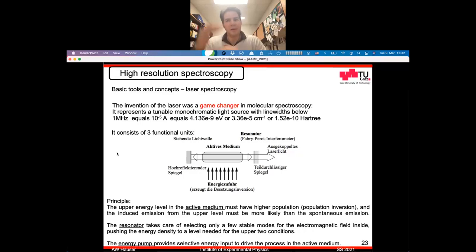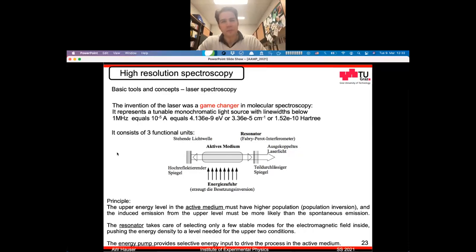I said that we were talking about two levels in this system. To explain, we excite and then we relax, and what is emitted in this relaxation process is the light that we are going to use to have our laser system working.